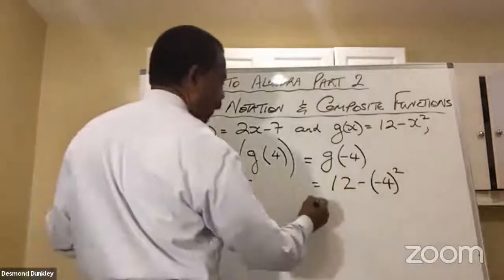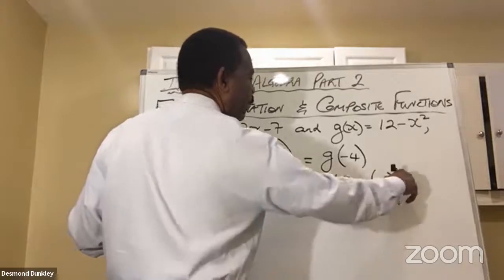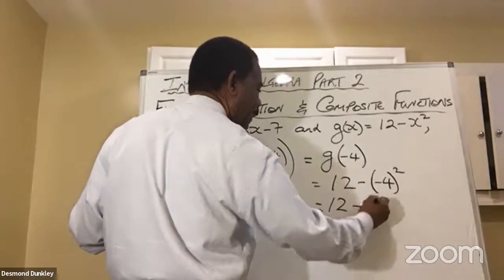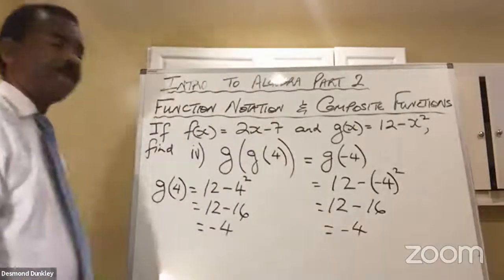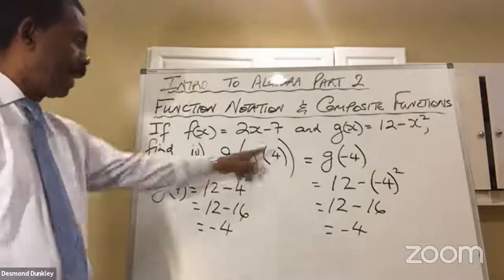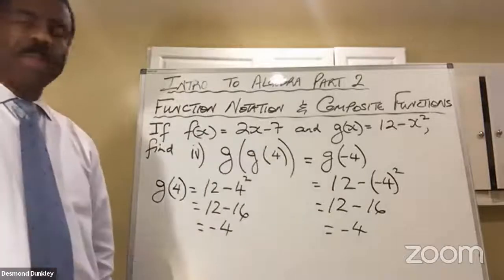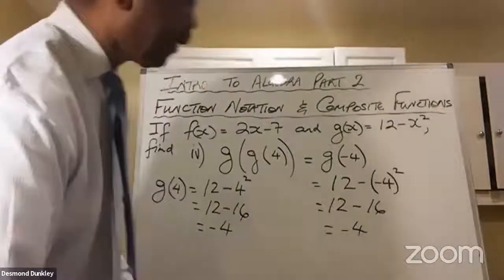Okay? What does that give us? It's 12 minus (-4) squared, which is positive 16. So the final answer is -4. Notice it's coincidental that the final answer is the same as what we have here. It doesn't always work like that. Okay? Good.